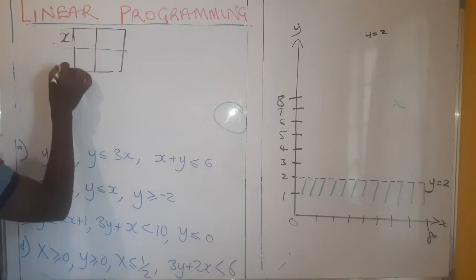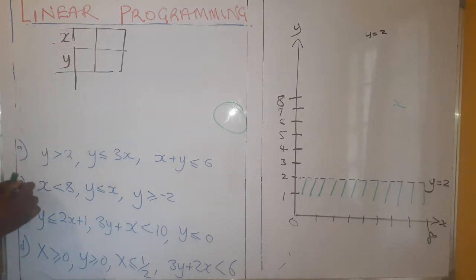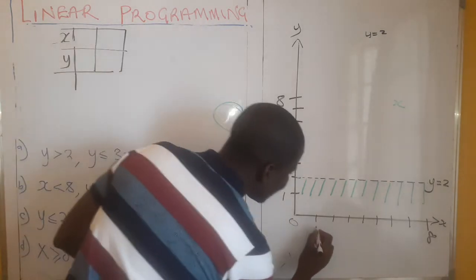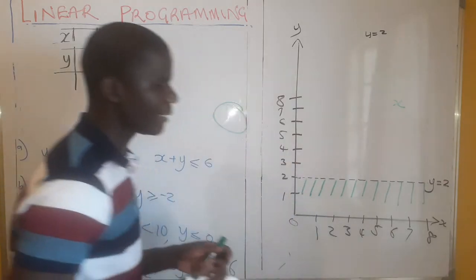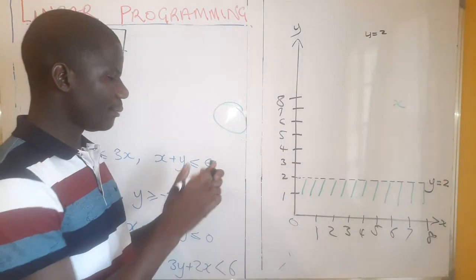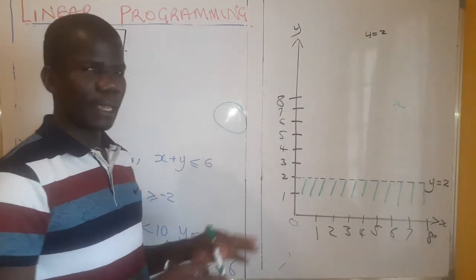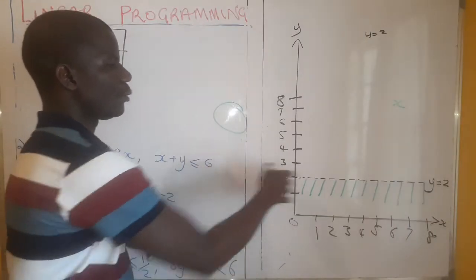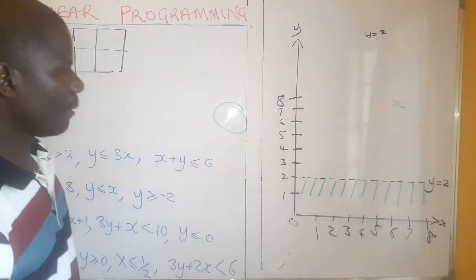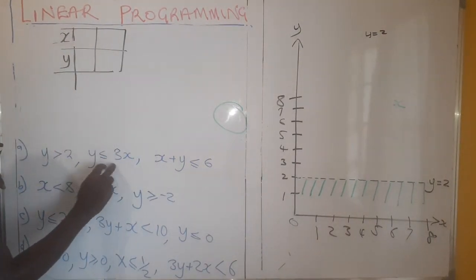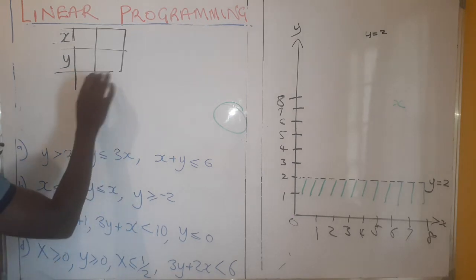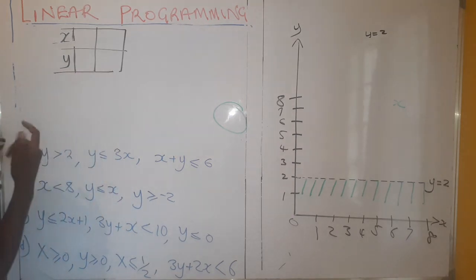We have x variable and y, just like we have here. So for me, I like using what we are given here, 1, 2, 3, 4, 5, 6, 7. Remember in the exam, they'll give you a graph paper, possibly even the x and y plane will be drawn for you already. Yours will just be doing what we are doing here.